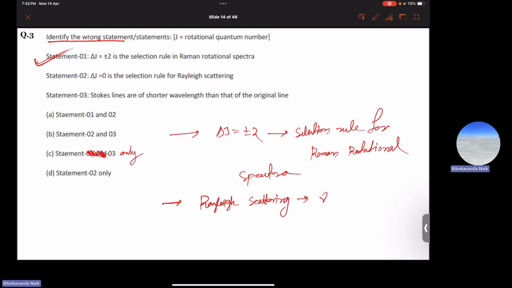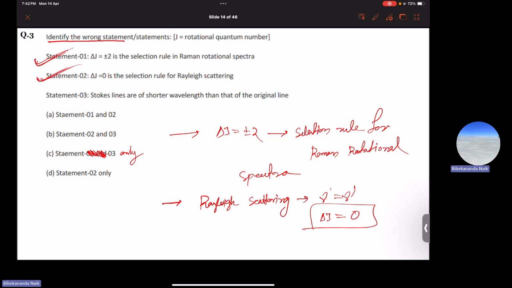When the frequency of incident light is equal to the frequency of scattered light, this is called Rayleigh scattering. Since the two frequencies are equal, the selection rule will be delta J equals 0. Delta J equal to 0 means there will be no change in energy, so the frequency will remain the same. So statement 2 is again true.